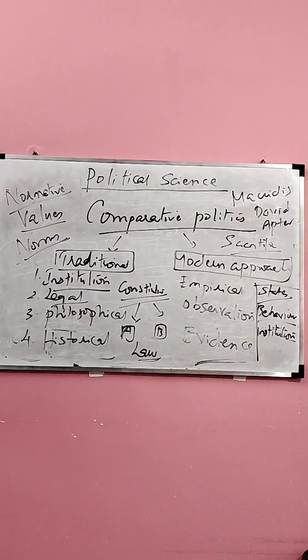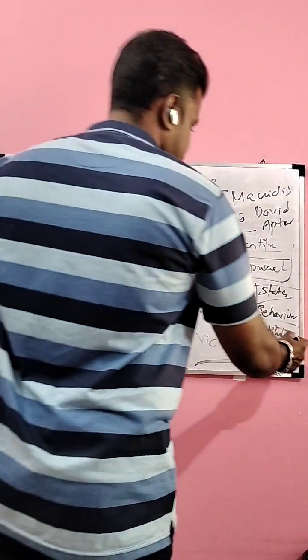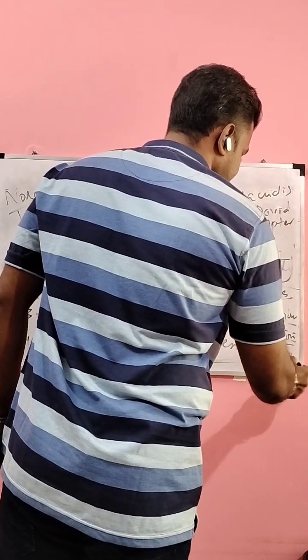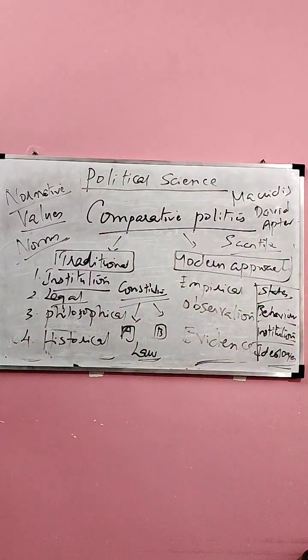Institutions like local bodies can be compared. Provincial governments can be compared. These are nothing but institutions. We can also compare political ideologies and find out how they manifest in the form of systems and institutions. So many aspects can be compared in comparative politics, which is a subfield of political science.